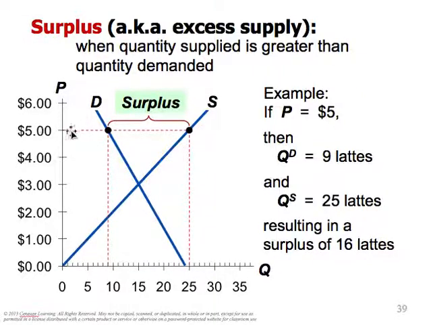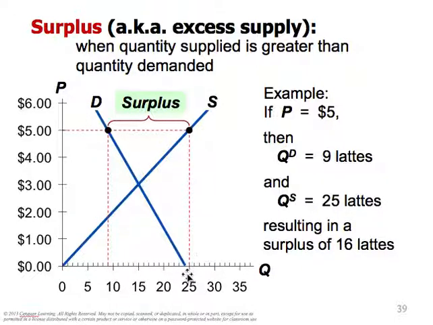And at this price, the quantity supplied would be given by this point of the supply curve, and this is equal to 25. So there is definitely a mismatch between quantity demanded and quantity supplied when the price is $5. In fact, whenever the prevailing price in the market is above the equilibrium price, for example $4 or $5, you'd see that the quantity supplied is always bigger than the quantity demanded.